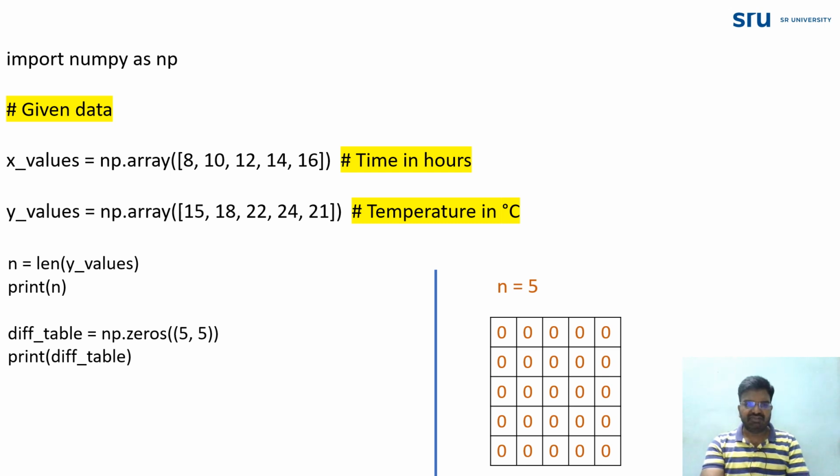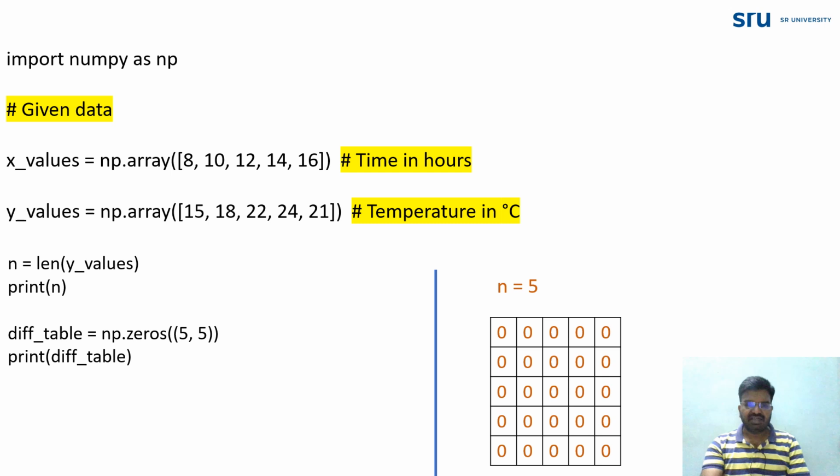To generate the difference table, I need the number of y values. See here, I am using the function len to find the length of y values. I am saving the result with n. You can also verify that by using print n. If you run the code, you will get n equal to 5. So the number of y values is 5.